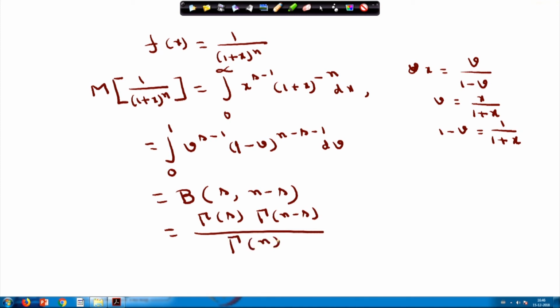So, the Mellin transform of 1 by 1 plus x whole to the power n is equal to beta s comma n minus s, and in terms of the gamma function you can write it as gamma s gamma n minus s divided by gamma n.